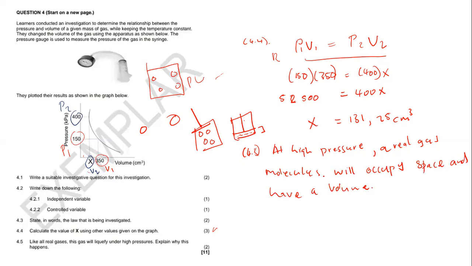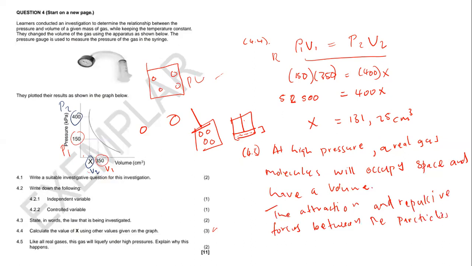So another point is the attraction, which is interaction or intermolecular force: the attraction and repulsive forces between the particles. Yes, between the particles, we're going to have attraction and repulsion. Ne?